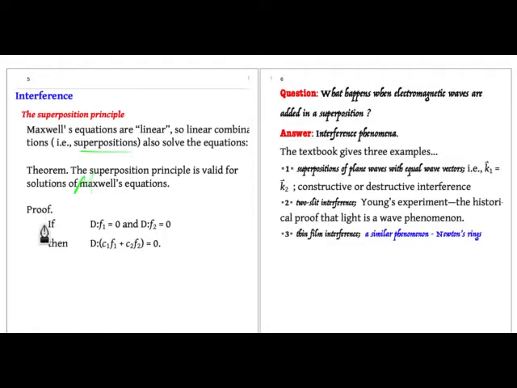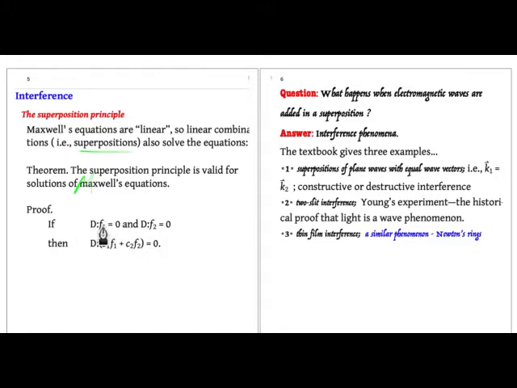Maxwell's equations are a set of four linear equations. They have the form of a differential operator acting on a function, the function of the electric field, let's say, is zero. For example, del cross E minus dB/dt is zero.